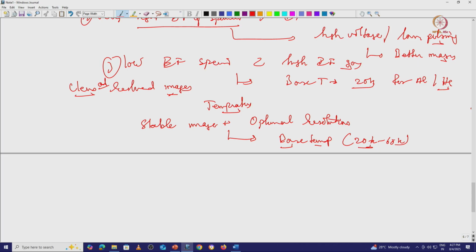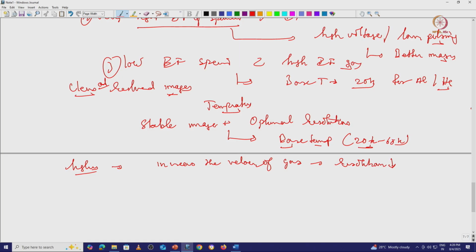Why is it so? High temperatures usually increase the velocity of the imaging gas atoms, so it will degrade the resolution.